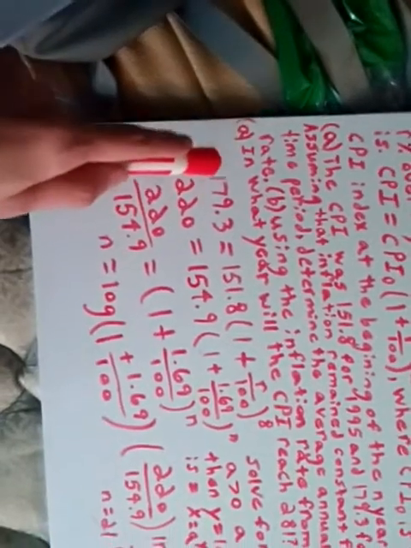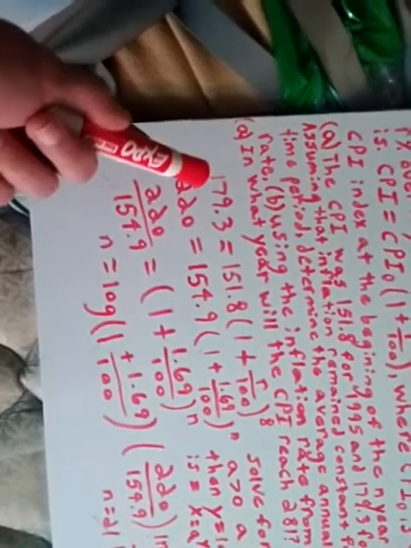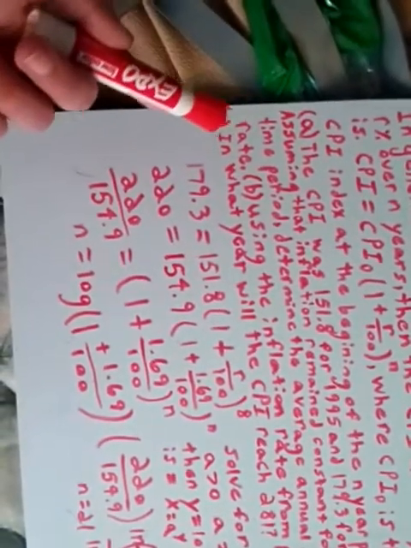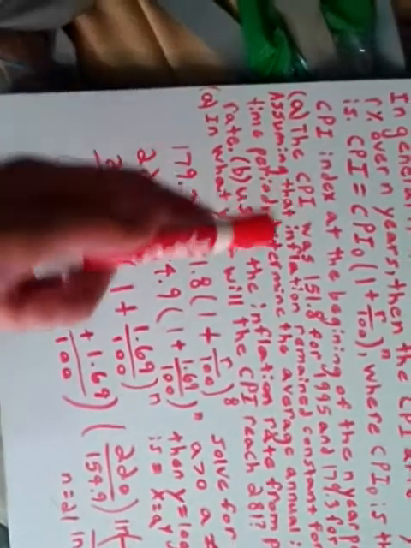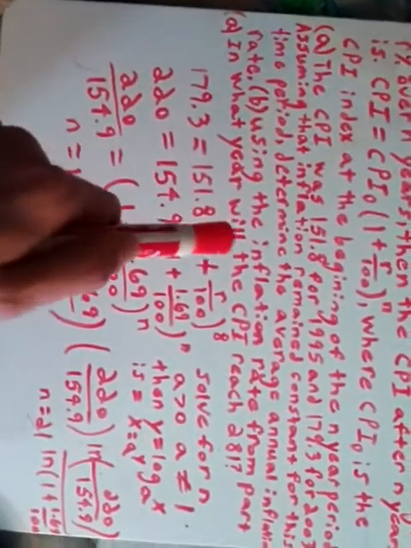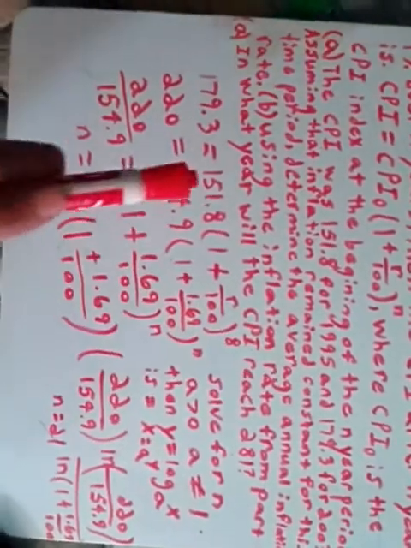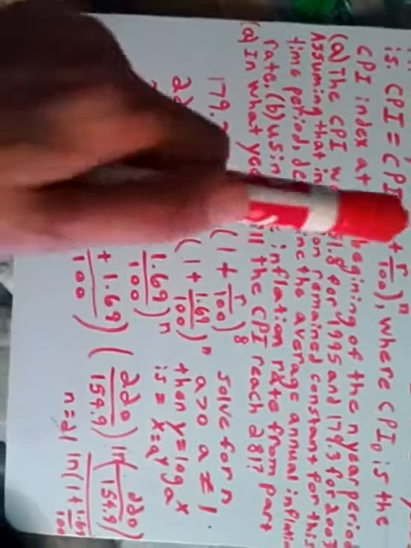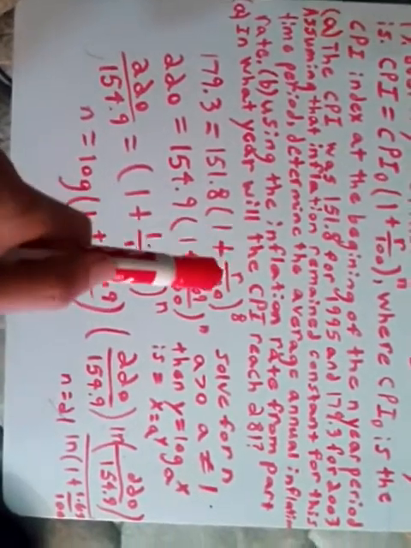So 179.3, the new consumer price index, equals the initial consumer price index times 1 plus r over 100 to the 8th power. So 179.3 equals 151.8 times (1 plus r over 100) to the 8th power.